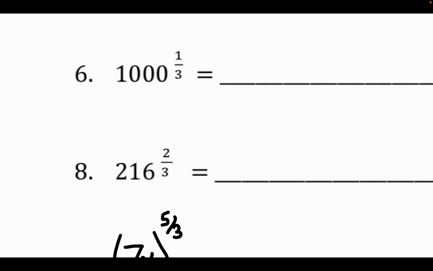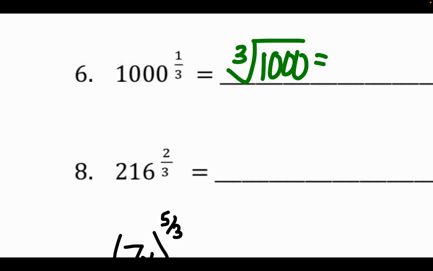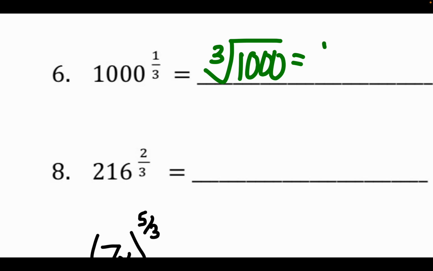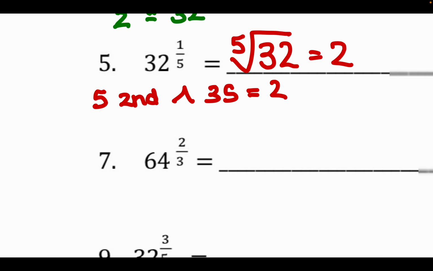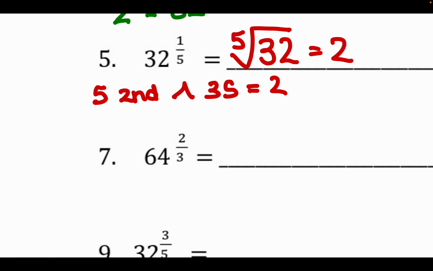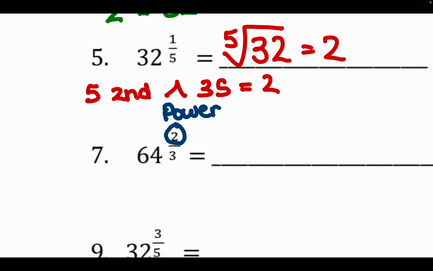Okay, 1,000 to the 1/3 power, so that's the cube root of 1,000, which is 10. Number 7. Okay, now remember the top number is the power. The bottom number is the root.